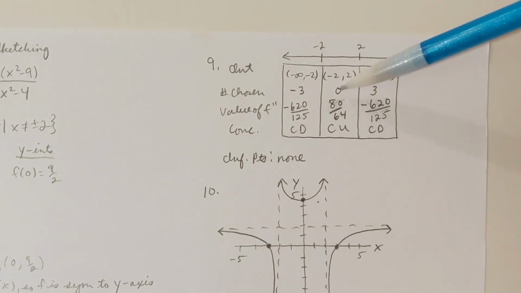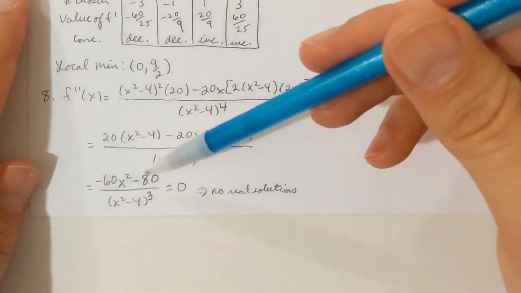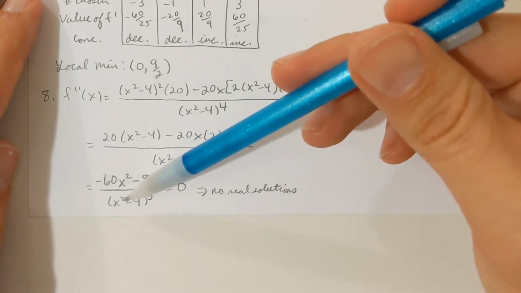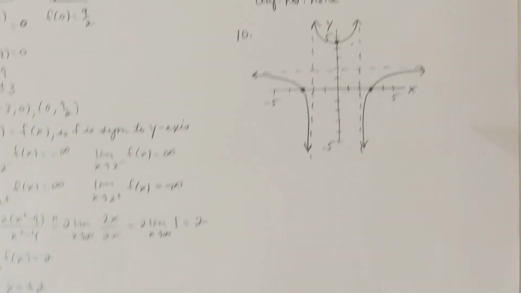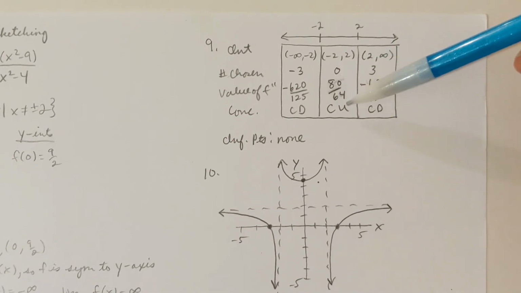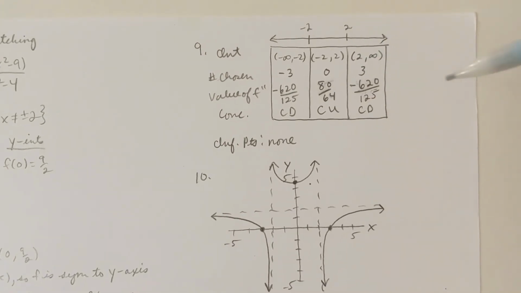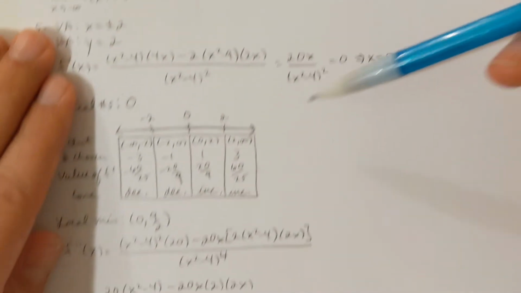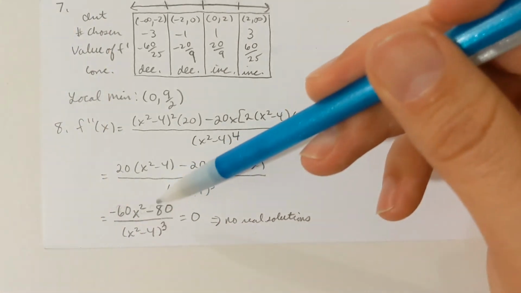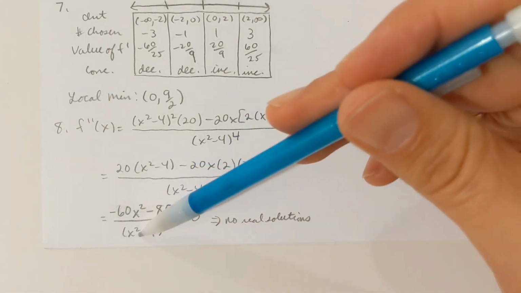Number in the middle interval would be 0. If we select that as a test value and plug that in here, we're going to have negative 80 divided by negative 4 cubed, which is negative 64. Negative over negative is positive, and so we're concave up on that part of the graph. Then if I select 3 as a test value in this third interval, I should get the same output as when it was negative 3, because I'm squaring x.